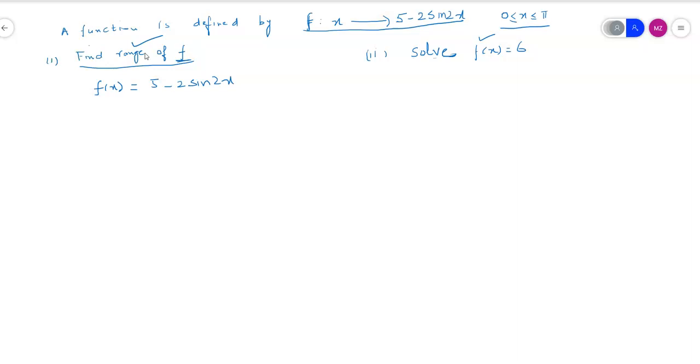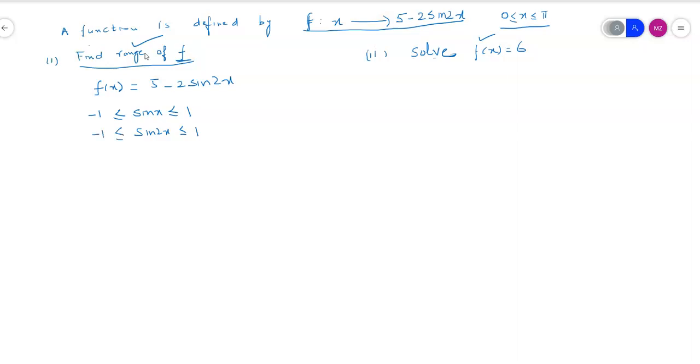Now we know the range of the sine function: sine of x is less than or equal to 1 and greater than or equal to minus 1. The value of sine lies between 1 and minus 1. Or you can write it as sine of 2x is less than or equal to 1 and greater than or equal to minus 1.